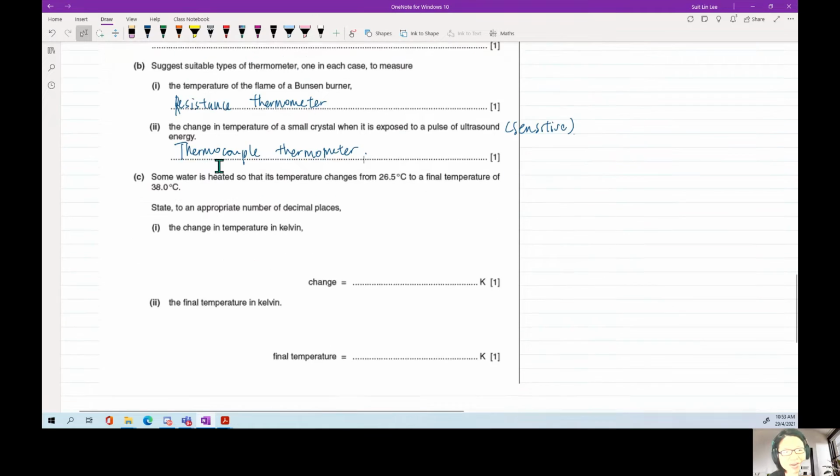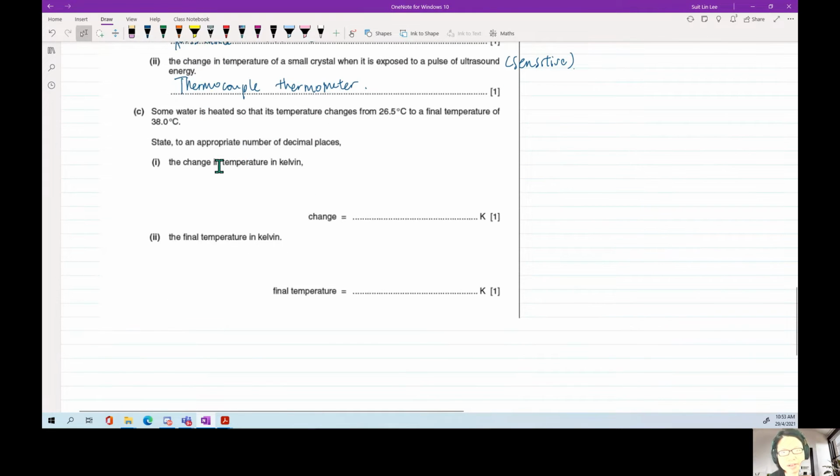Some water is heated so that the temperature changes from this to this. State an appropriate number of decimal places for the change in temperature in Kelvin. For this one, to find the change in temperature, you can just subtract. The delta T here would be 38.0 degrees Celsius minus 26.5 degrees Celsius.